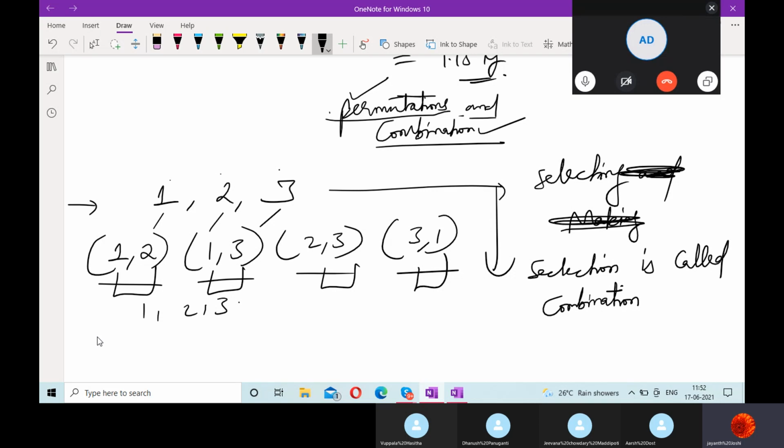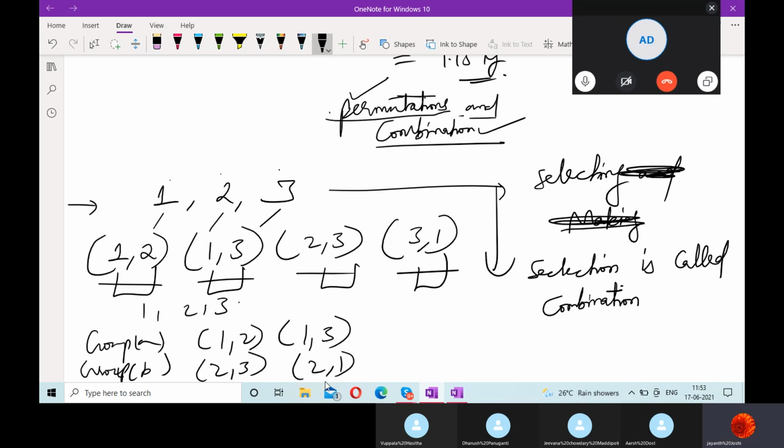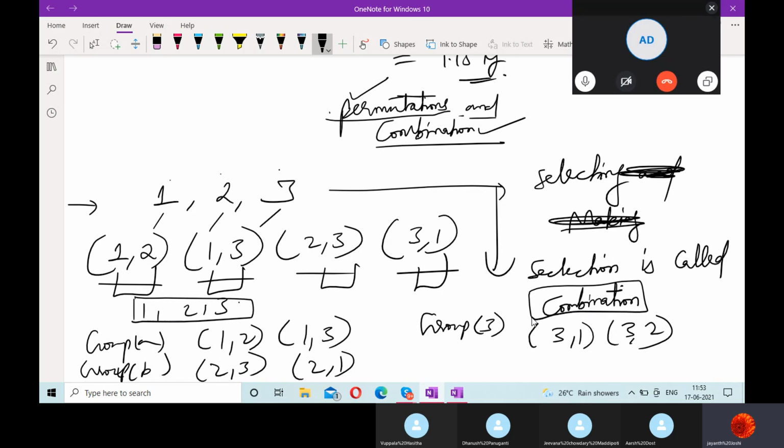I need to make two groups out of this, group A and group B. I can make 1 comma 2 as one group, 1 comma 3 as one group, 2 comma 3 as one group, 2 comma 1 as one group, 3 comma 1 as one group, 3 comma 2 as one group. So these are groups. I am making different groups. For making these groups, I am selecting numbers from the given numbers. That's called selection, and selection is called combination. Just selecting, okay?